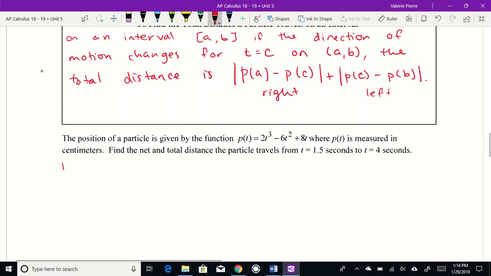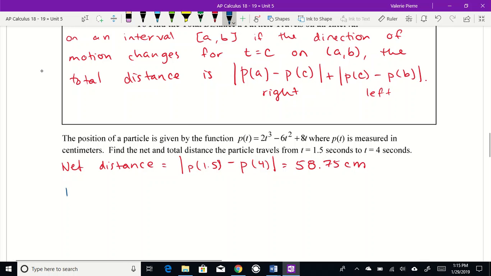So our net distance is equal to the position at our starting point, which is 1.5, minus the position at our ending point, which is 4, which is equal to 58.75 centimeters.